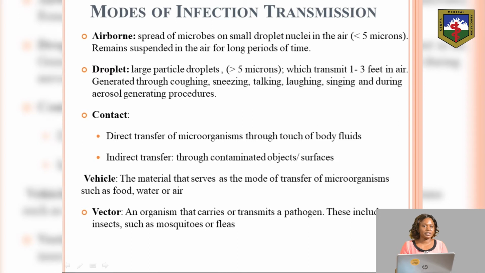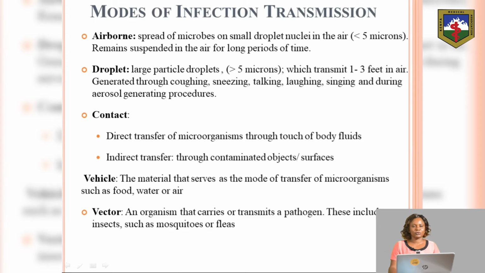They can be transmitted 1 to 3 feet in the air. They are usually generated through coughing, sneezing, talking, laughing, singing, and during aerosol generating procedures in the hospital. So the difference between airborne and droplet is the size of the microorganism and the water molecule around it. That is about the weight.